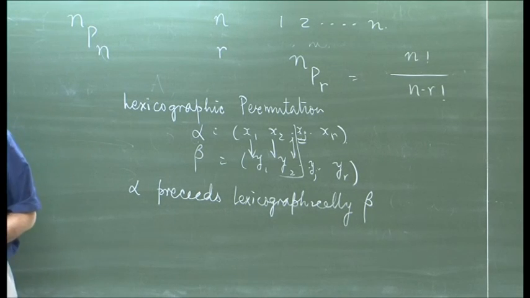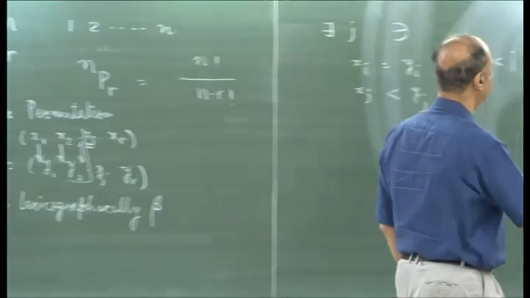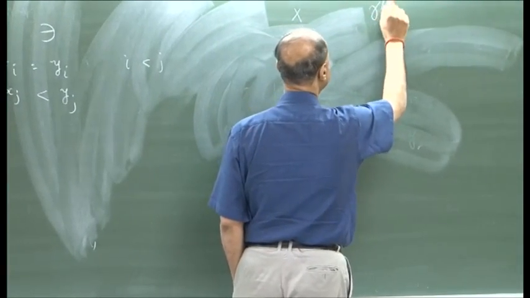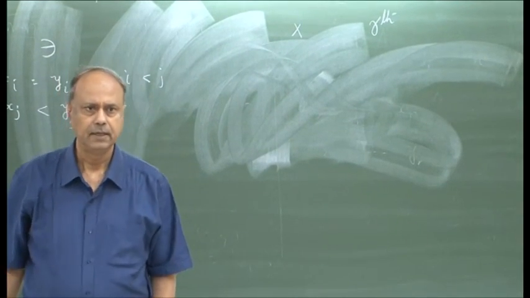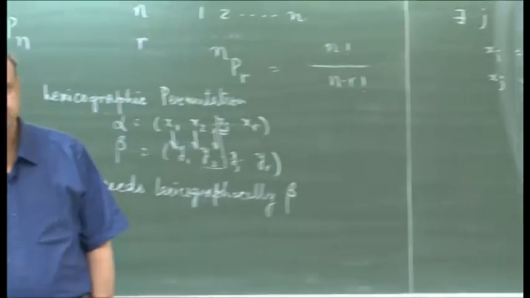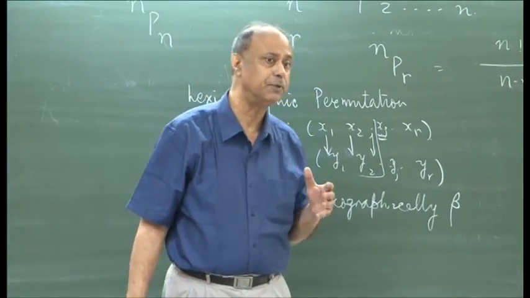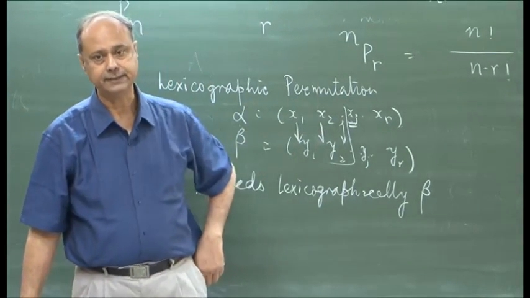Okay? So for a permutation X, we tell it is the gamma-th lexicographic permutation when there exist exactly gamma minus 1 permutations which precede X lexicographically.